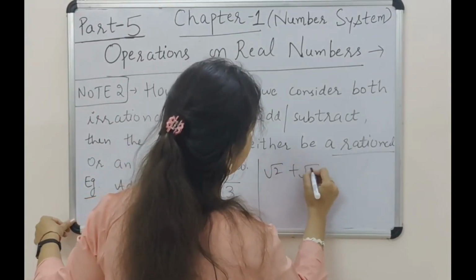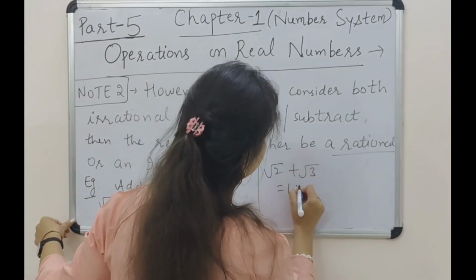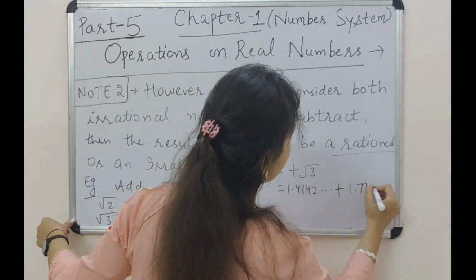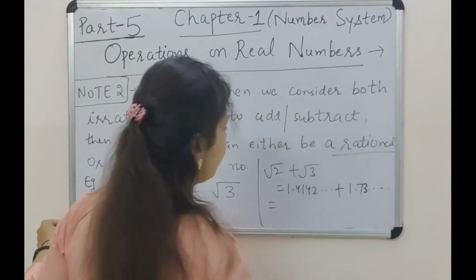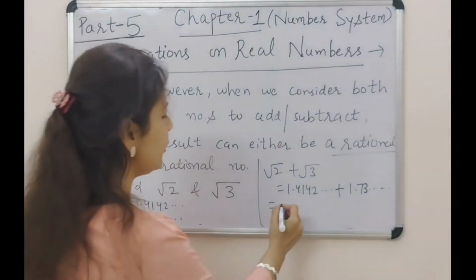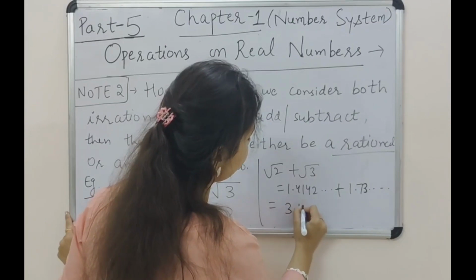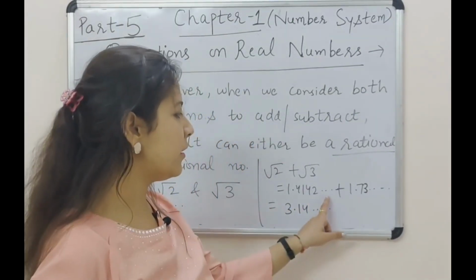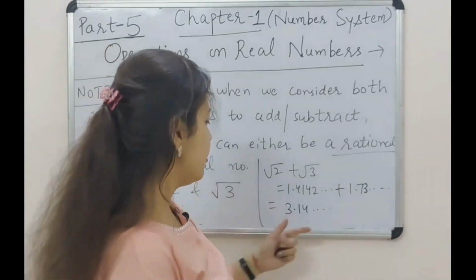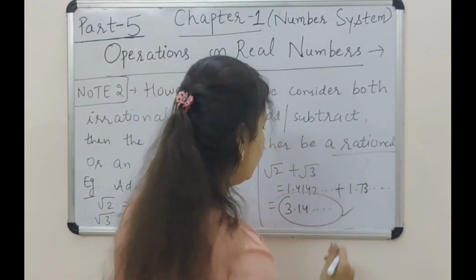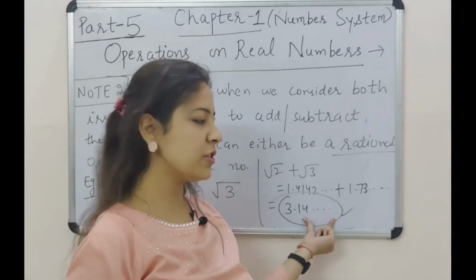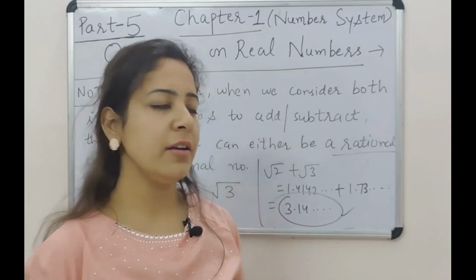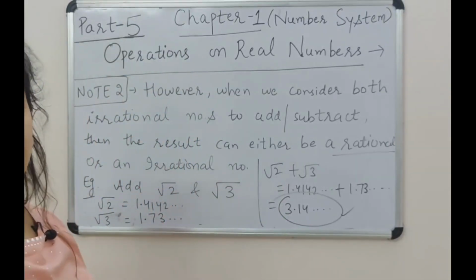Root 2 plus root 3 becomes 1.4142 plus 1.73 and so on. We are going to add them up now. What we are going to have is 3.14. Still these two numbers are non-terminating. Their expansions are clearly non-terminating and non-recurring. So your output is again a non-terminating value which is never going to end, and non-recurring. So clearly here your output is becoming an irrational number.